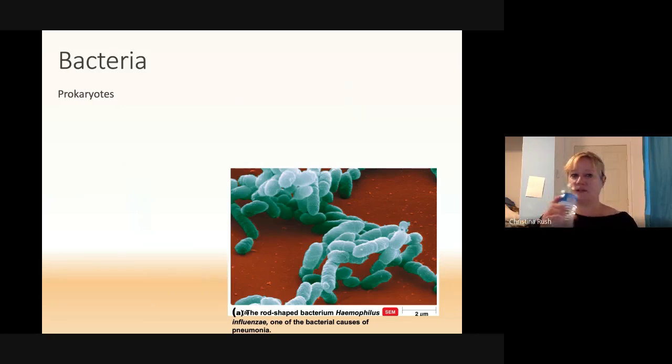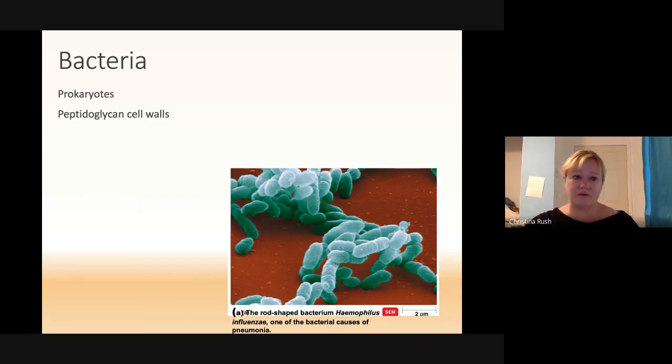So we'll start with bacteria. Bacteria are prokaryotes. Now, if you remember prokaryotes from your biology class, prokaryotes do not have any organelles. Bacteria also contain peptidoglycan cell walls. There are two types of that peptidoglycan cell wall, gram-positive and gram-negative.